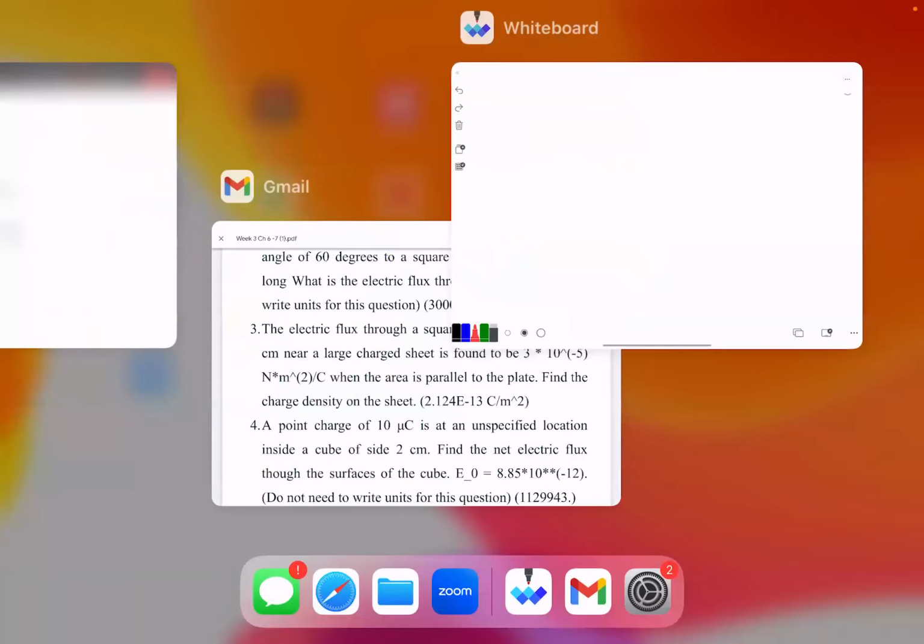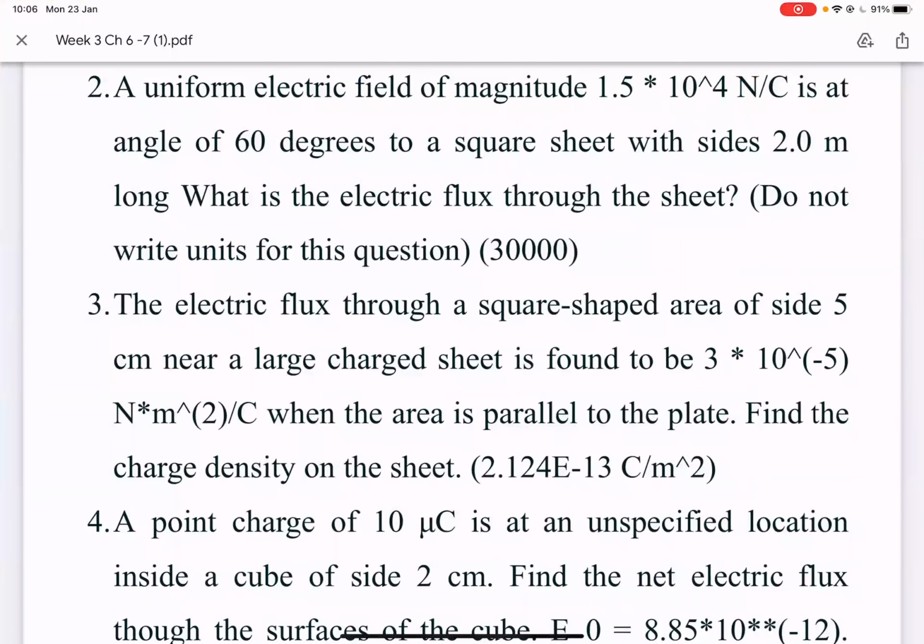So basically, we have a large charged sheet, and we have a square-shaped area whose sides are given. Let's say the sheet is positively charged.